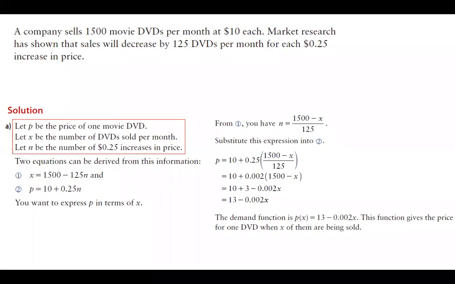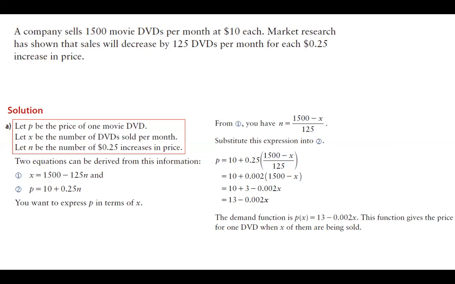Because it says the sales will decrease by 125 for each $0.25 increase in price. Therefore, if you let N be the number of 0.25 increases in price, then the number of DVDs that can be sold is 1,500 minus 125N, right? Not difficult to understand, right?